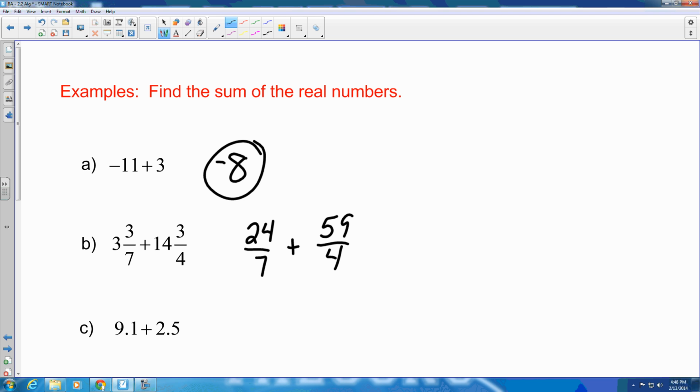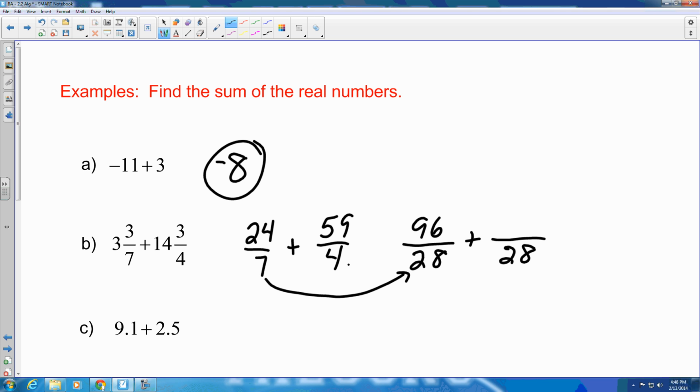Same thing, I just made it into an improper fraction. Now what we have to do is make the denominators equal, so I need to find a common denominator. In this case, I believe that 28 is a common denominator for both of them. Since for this 7, to make it a 28, I had to multiply the bottom by 4, that means I have to take 24 and multiply it by 4. So I get 96 on the top.